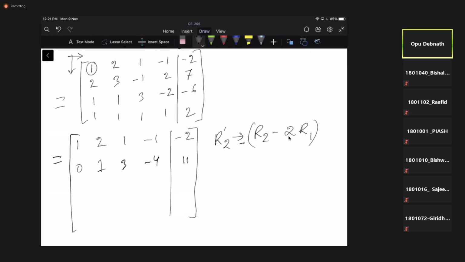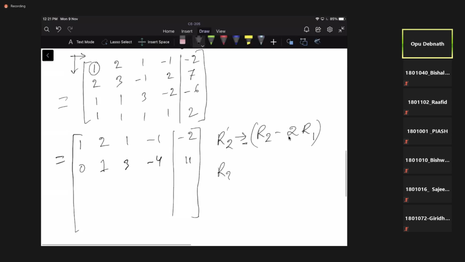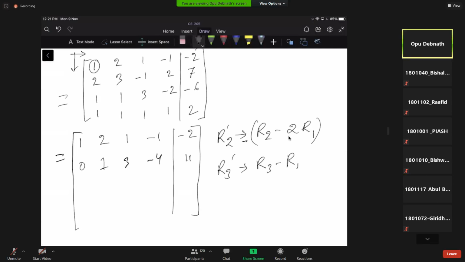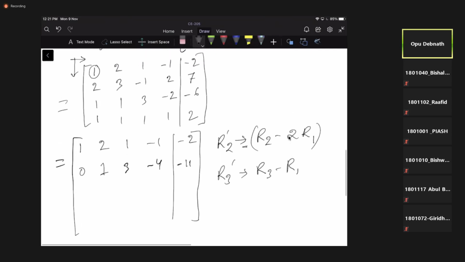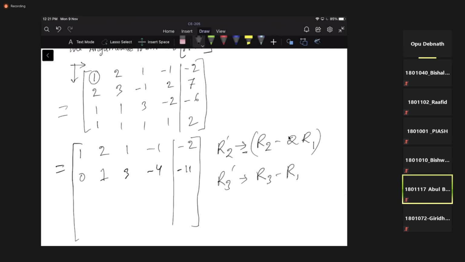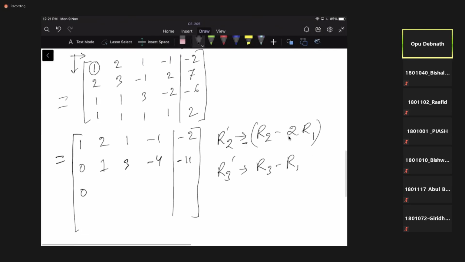And next step for R3, R3 prime will be simply R3 minus R1. Okay, so for R3, that means row 3, this will be 0, and thereafter R1 gives minus 1, this will be 2, minus 1, and minus 4.